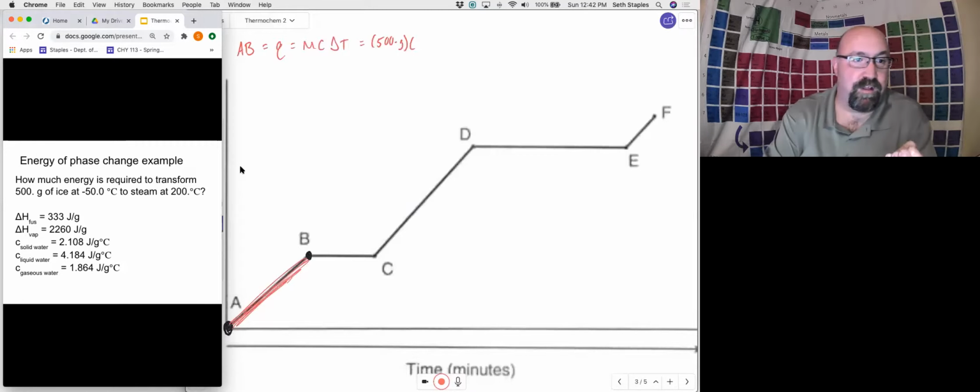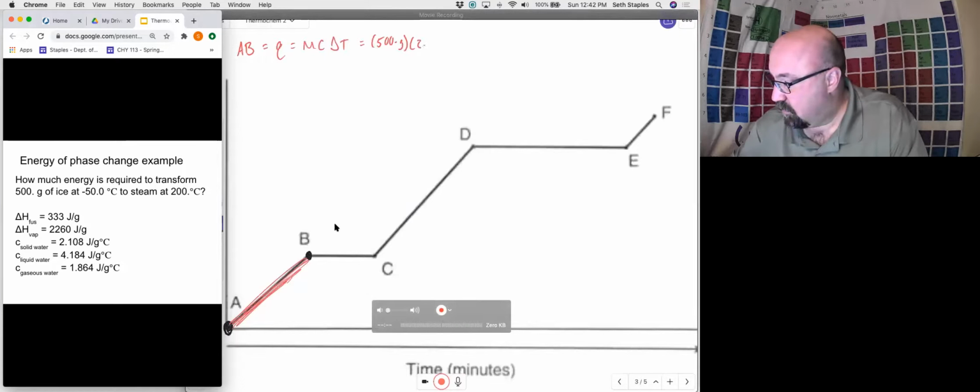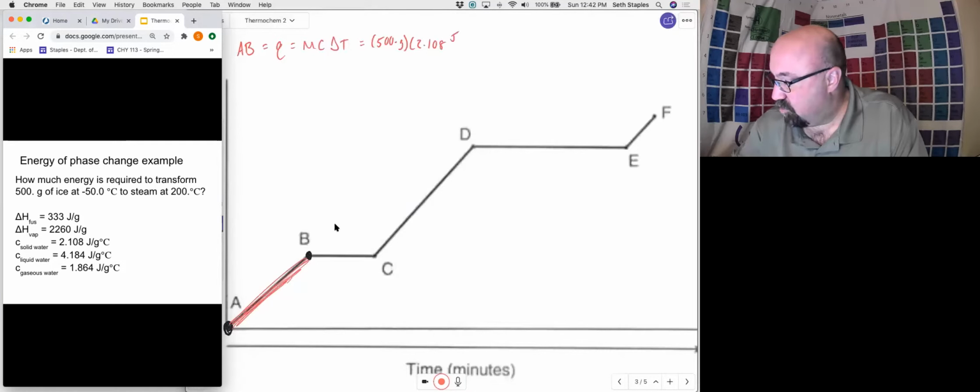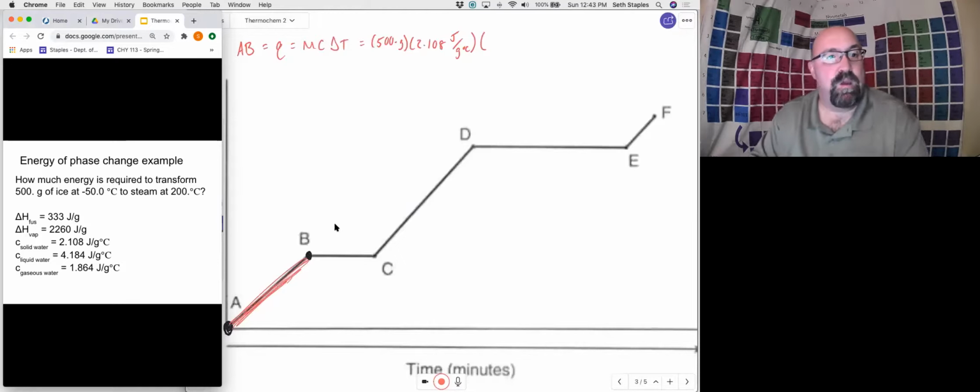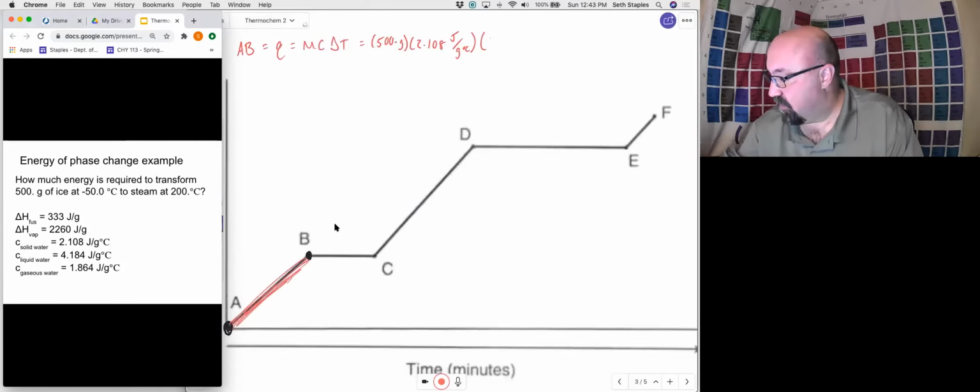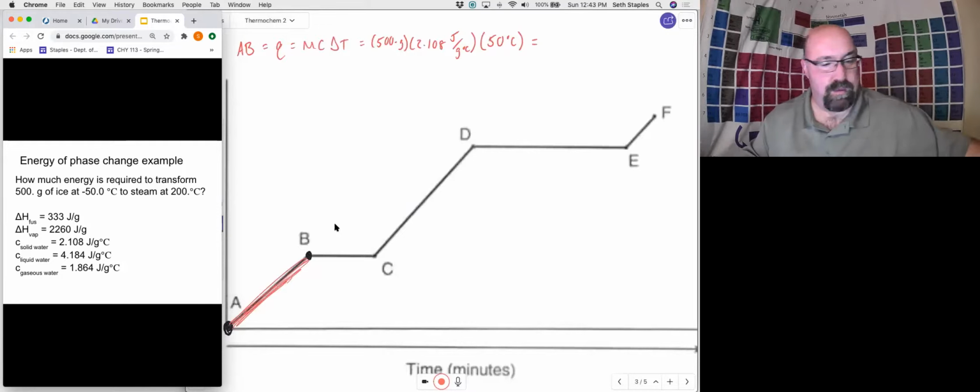So we've got solid ice, and we have that right here, 2.108 joules per gram degree C. Our delta T, we're going from negative 50 degrees up to the freezing point, the melting point of water, which is 0 degrees C. And so we're increasing our temperature by 50 degrees Celsius. And so we plug those into our calculator.